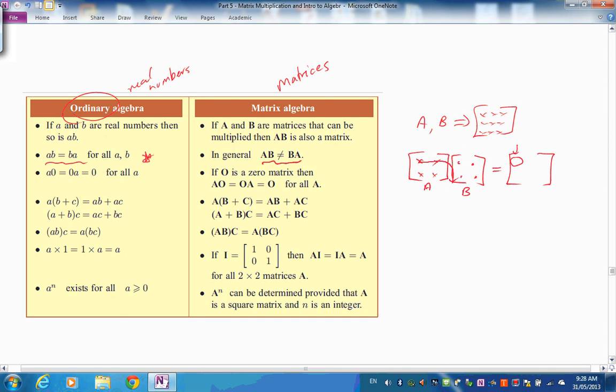Now that pairing up would be different, wouldn't it, if we put B first and then A. Can you see it? These entries now would be different pairings.